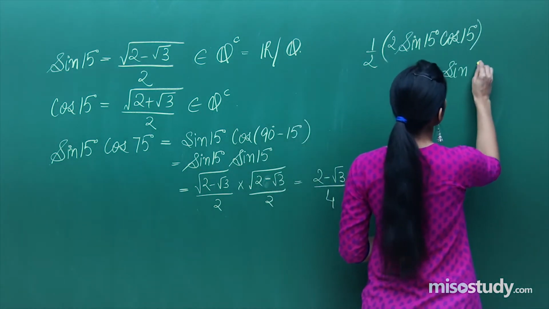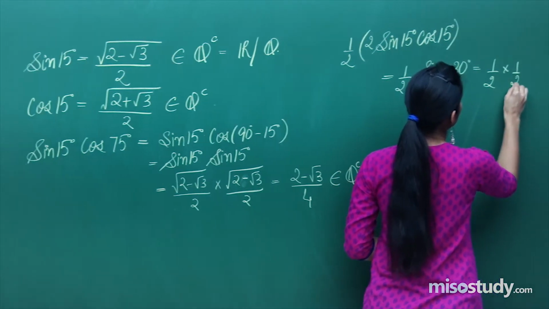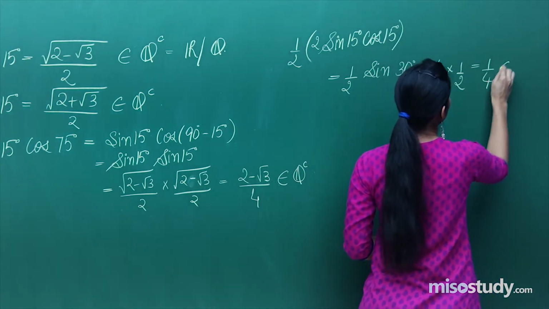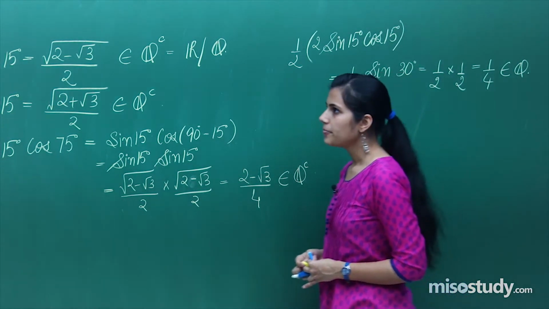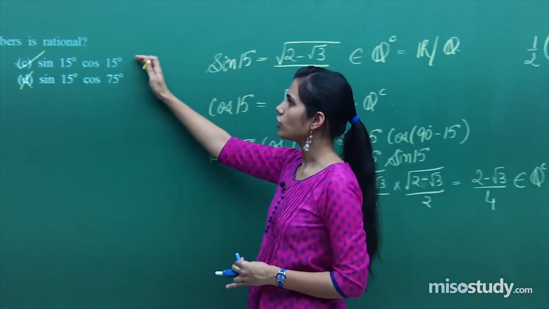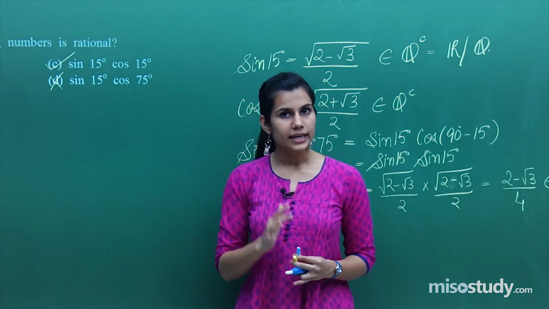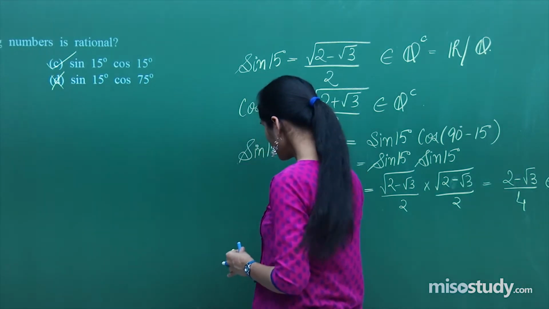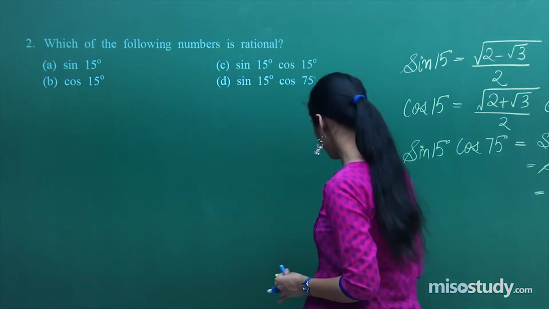So sine 2 into 15, which is sine 30, which is 1 by 2, into 1 by 2, which is 1 by 4, very much a rational number. Understood? So sine 15 cos 15 is a rational number, whereas all the rest of the three are irrationals. Fine?